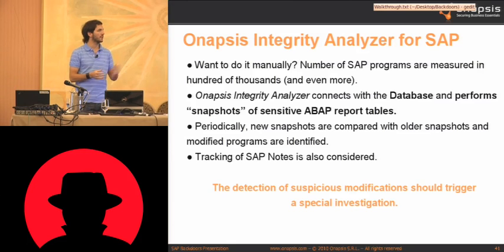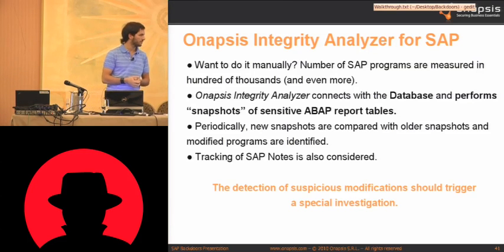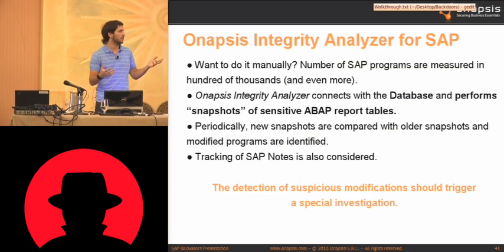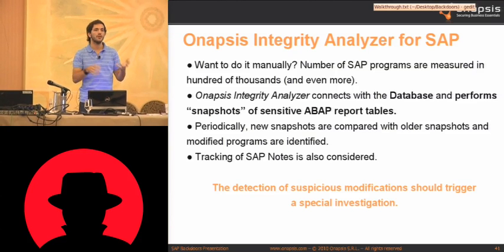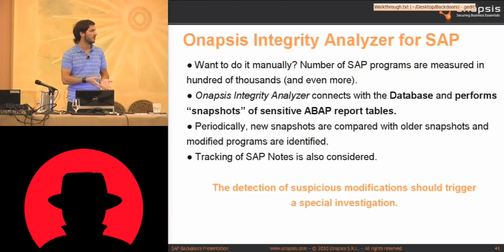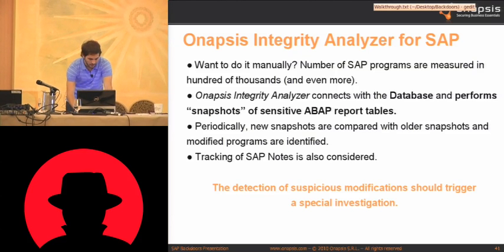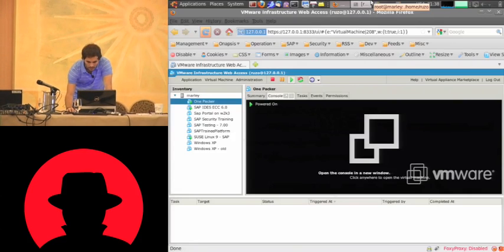And it's also important to track SAP notes installation because they can modify ABAP programs and they are not backdoors. So it's difficult to manage. The idea is that it will help you to detect some suspicious modifications, and you should do further investigation into that. So I'm going to show you how the tool looks like.